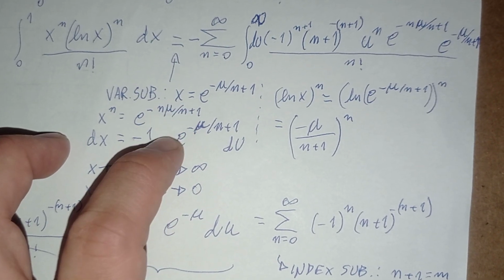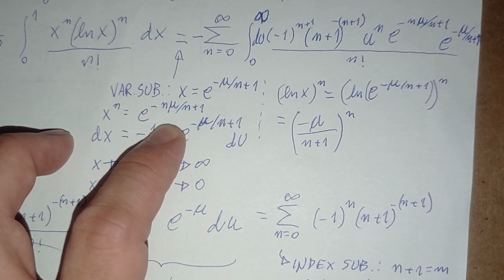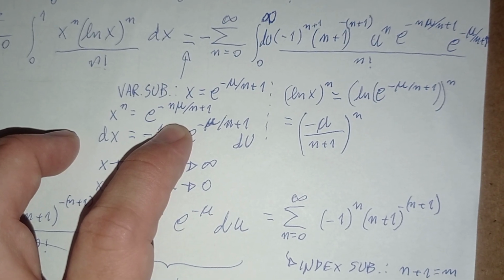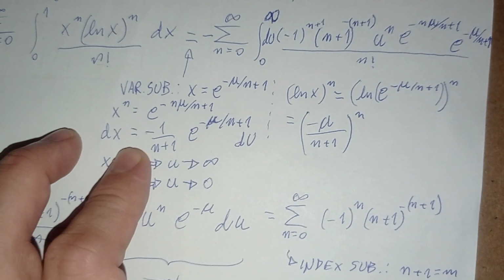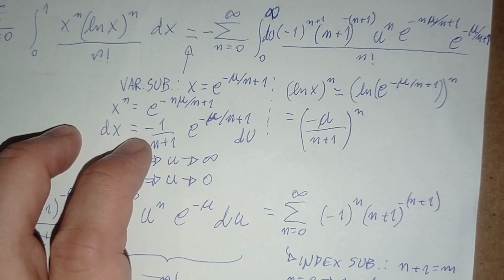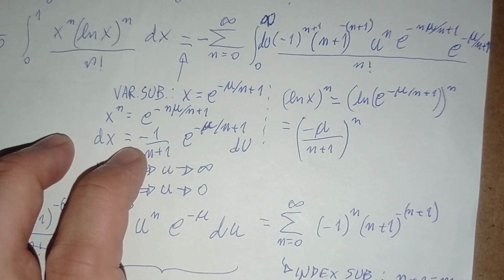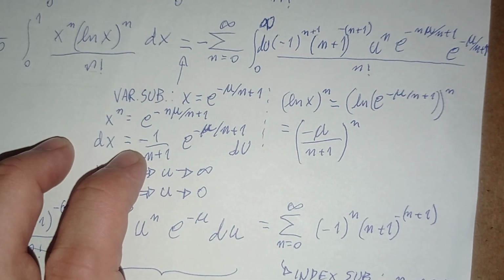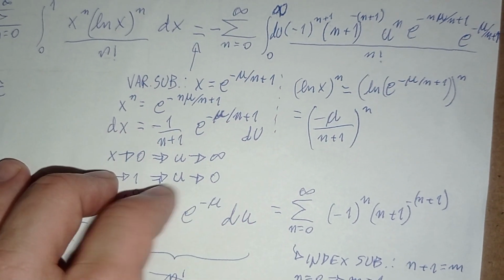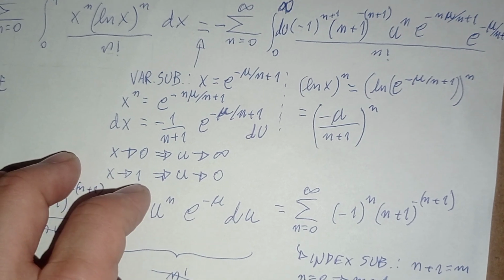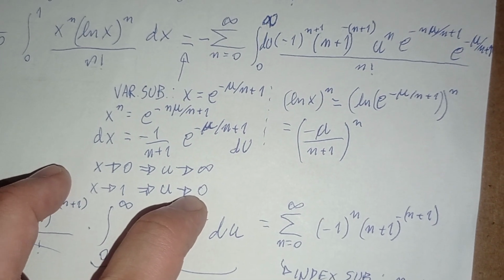This means that x to the n is e to the minus n u divided by n plus 1. The dx is minus 1 divided by n plus 1 times e to the minus u divided by n plus 1 du. When x goes to 0, u goes to infinity. When x goes to 1, u goes to 0.